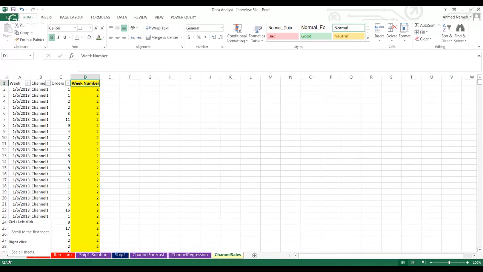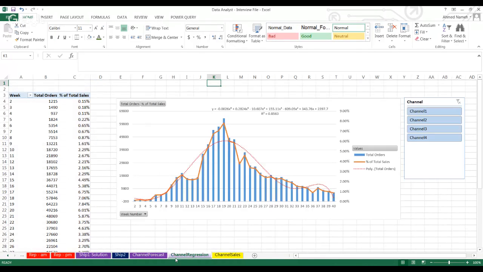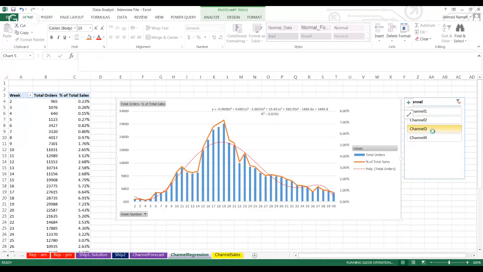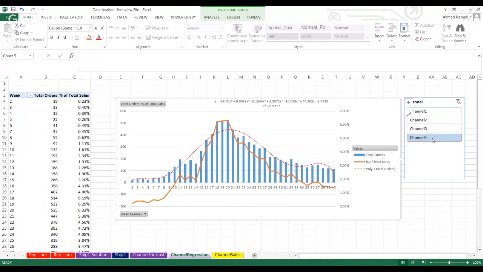So I was first asked to run some correlation regression analysis to see if there are any patterns that exist for each of the channels. I completed my regression analysis in this tab. Right off the bat, before I get into the formula that I used or the line of best fit, if you go through each of these channels, it's very clear that they follow a very similar pattern as far as how they sell.